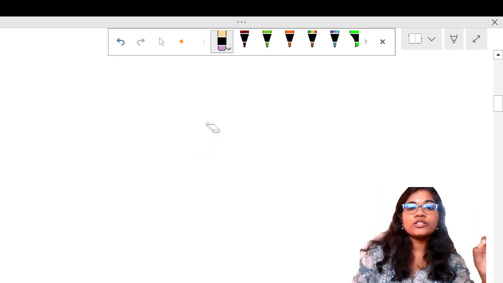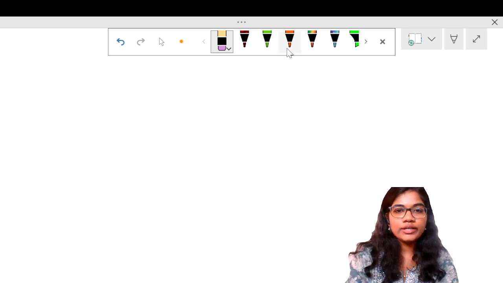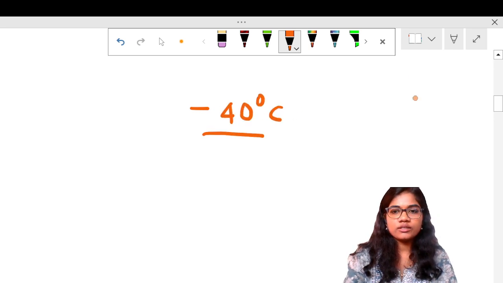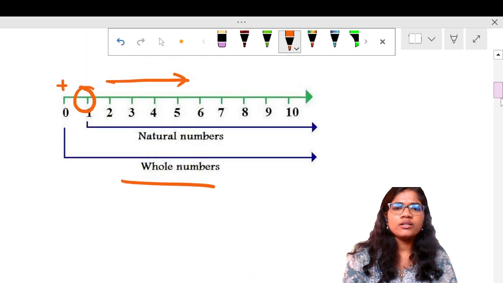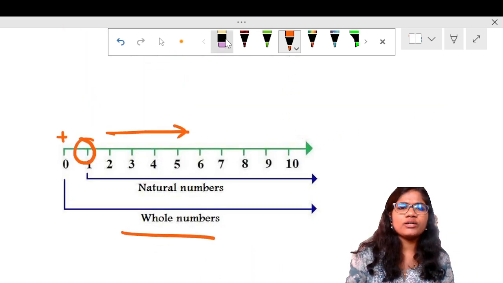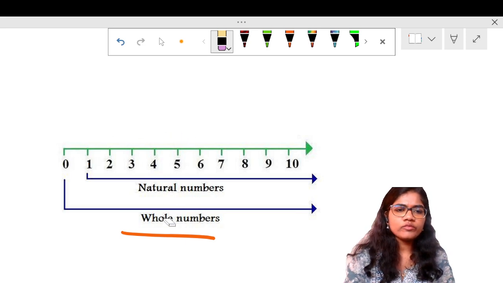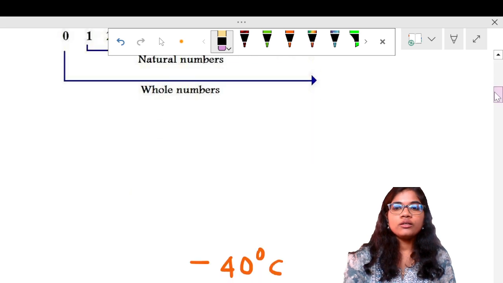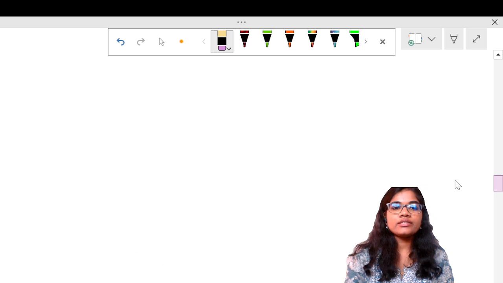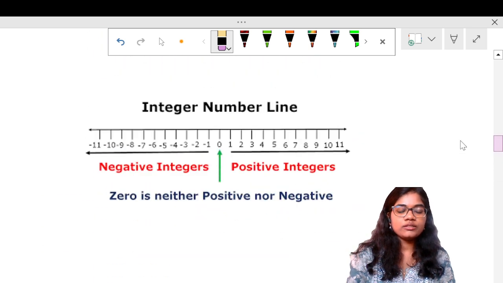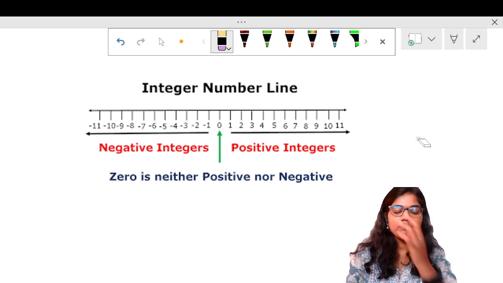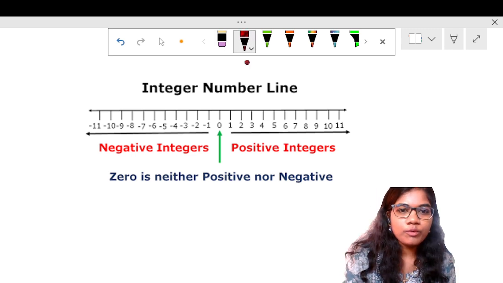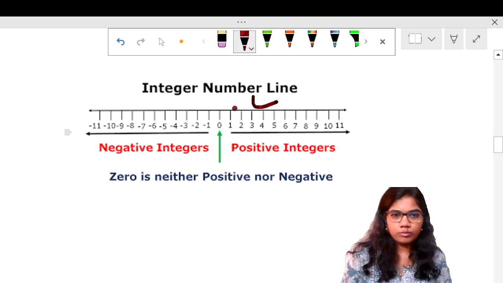What is the temperature of Antarctica? Can you tell me? Yes, it is minus 40 degrees Celsius, right? But can you put this minus 40 on the number line? No? Yes, that's it. That's when integers came into the picture. These are the positive integers, that is the natural numbers.